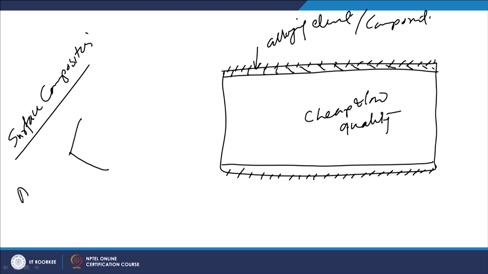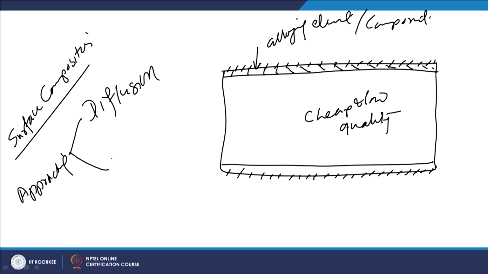One is diffusion. Whatever element we want to introduce at the surface and subsurface of the component, an environment enriched with that element is created, so that, because of the concentration gradient, diffusion can be facilitated at a higher temperature.